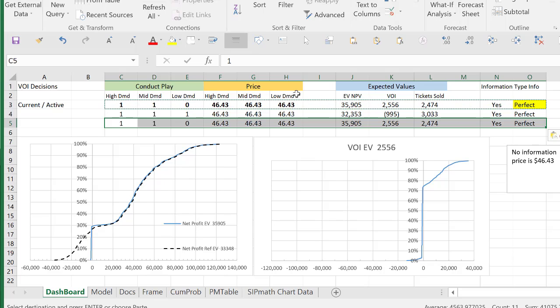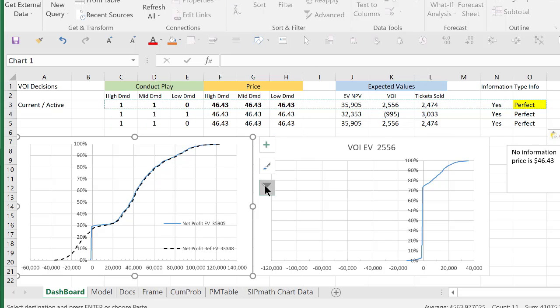I'm still using the same prices. However, roughly 25% of the time, I made a good decision not to develop the low demand. And then there's another 5% down here where I lost money. And why is that?